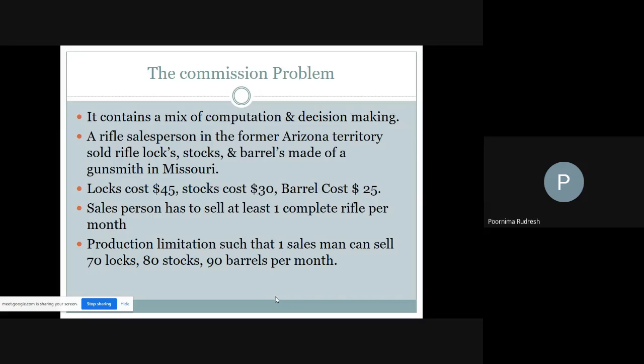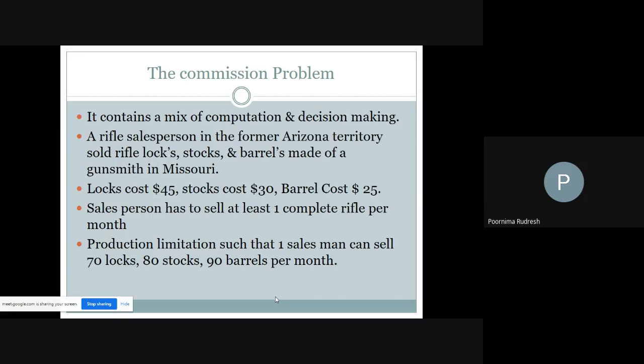Here, what is the main problem? In the commission problem, we are considering the selling of rifles, where the rifle consists of the rifle locks, stocks, and barrels. If all three are sold, then we say that the entire rifle is sold and the sale is completed.